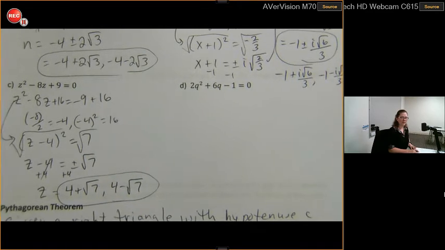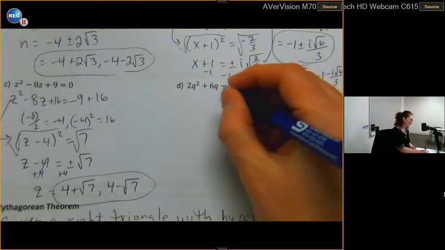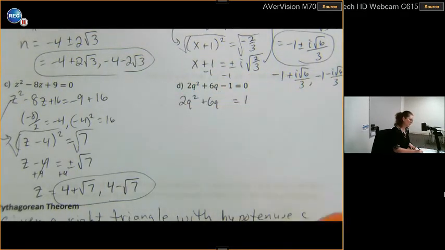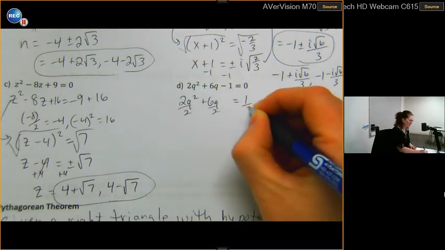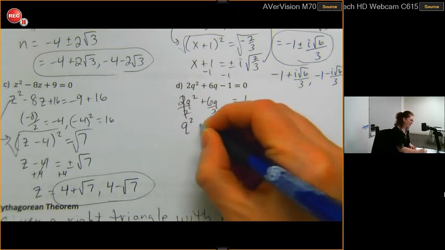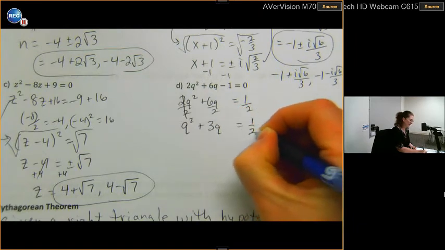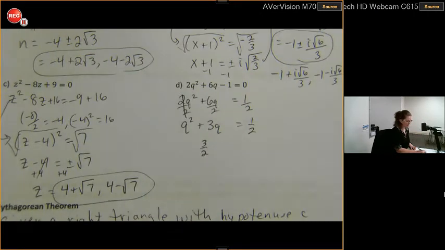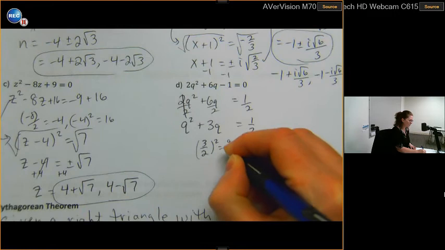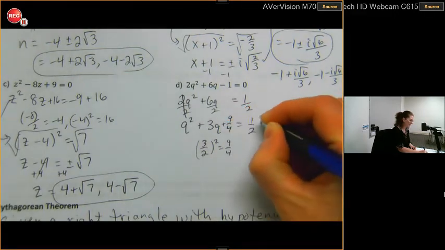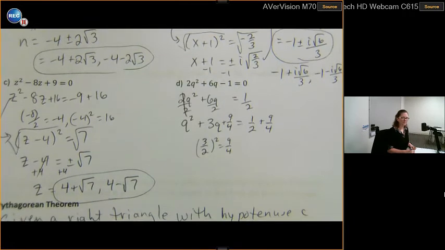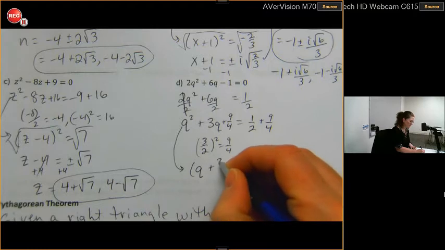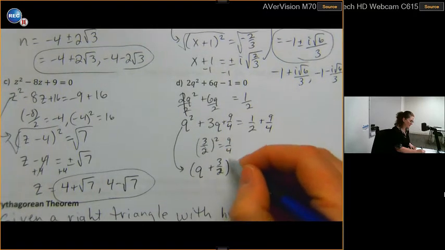D is another one where we have a number in the front. So first I'm going to move the 1 over to the other side. And then I'm going to divide everything by 2 so that I just have q squared plus 3q equaling 1/2. Completing the square, I have a fraction again. 3 over 2 squared is 9 over 4. So I'm going to add 9 over 4. And when I factor this, I know it's q plus 3/2, because that's always that number.